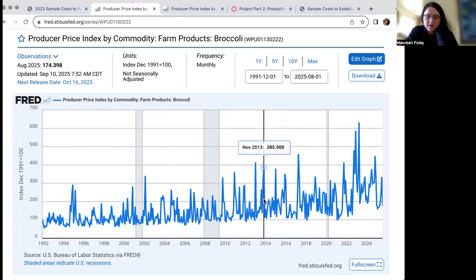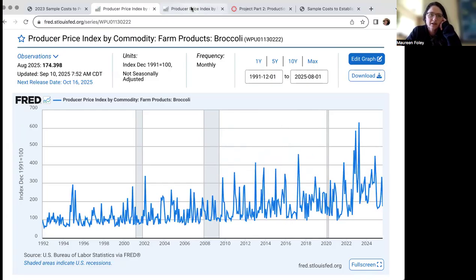So here's November 2013, we have a price index of 385. And then by December, we're down here at 110. So 385 to 110 in 1 month, that's a big swing. So that tells us that producer price is very volatile for this particular commodity, for broccoli.